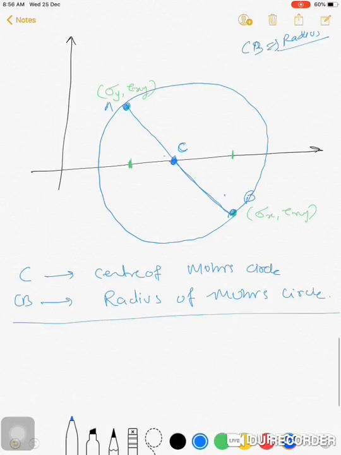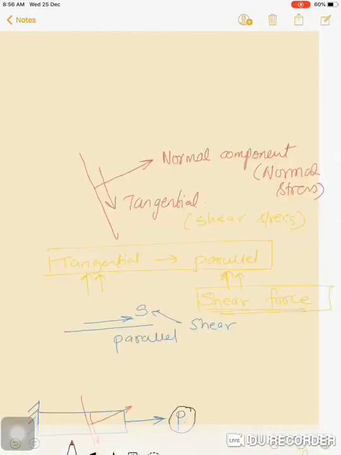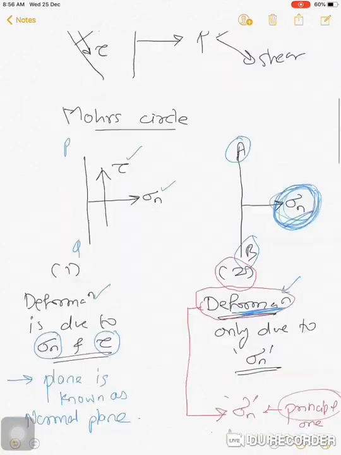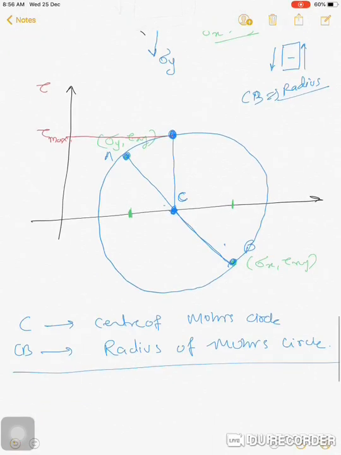Now further, look, C is the center of the Mohr circle. Now the maximum limit will be this one. This is the shear axis. This will be tau, and this will be tau max.